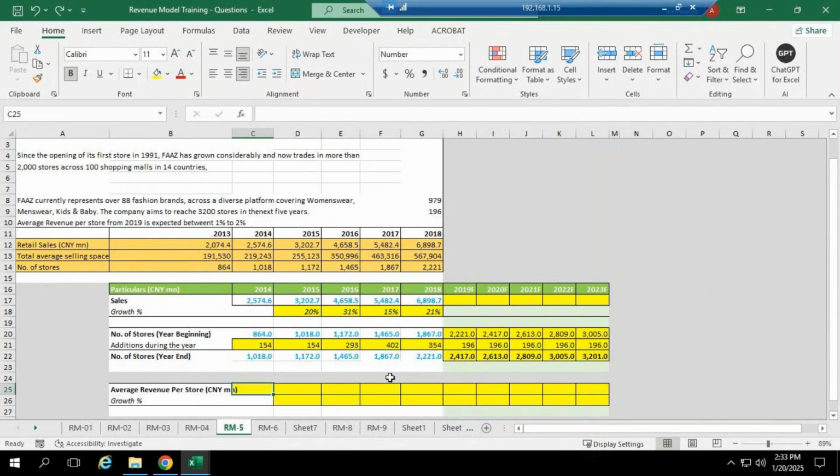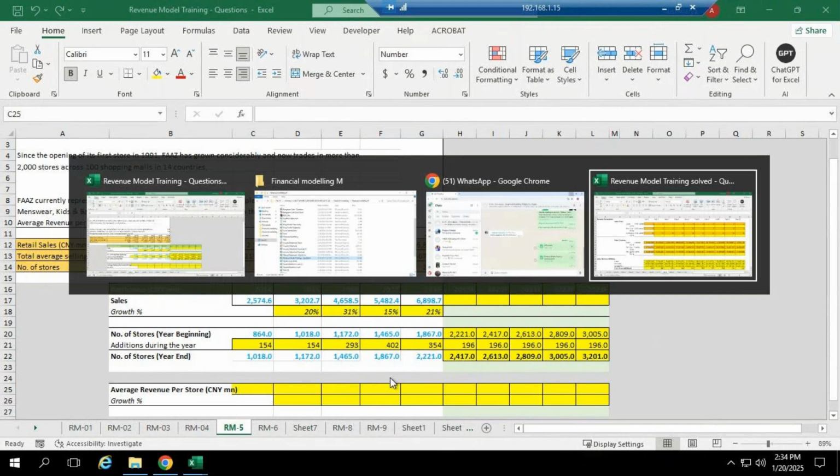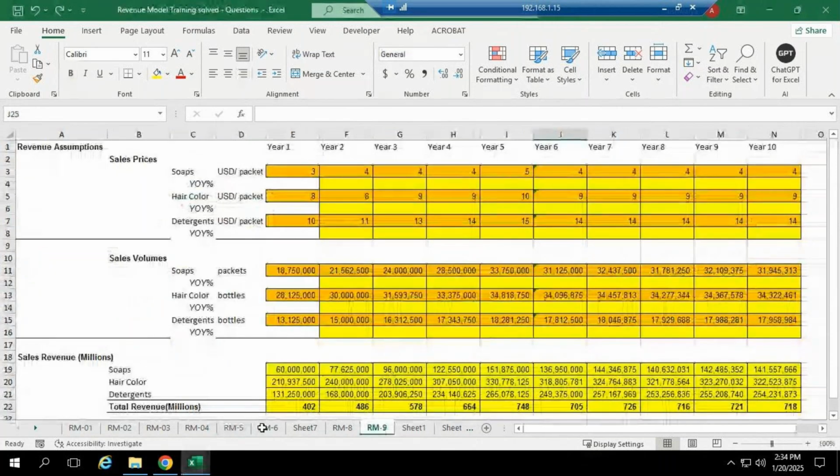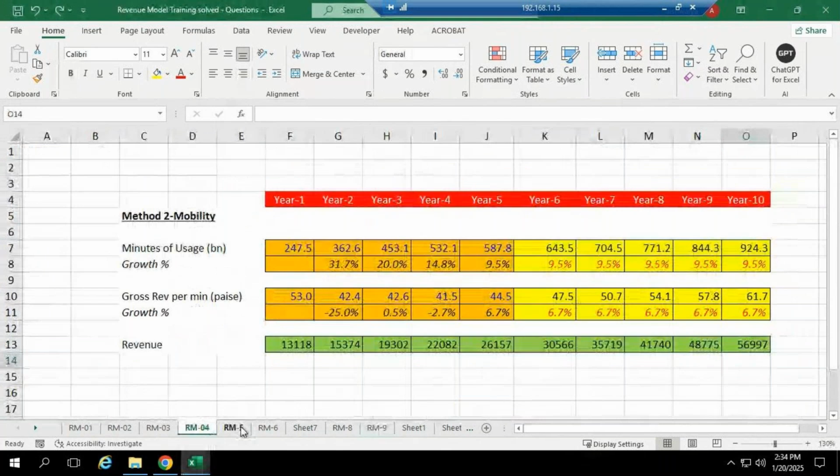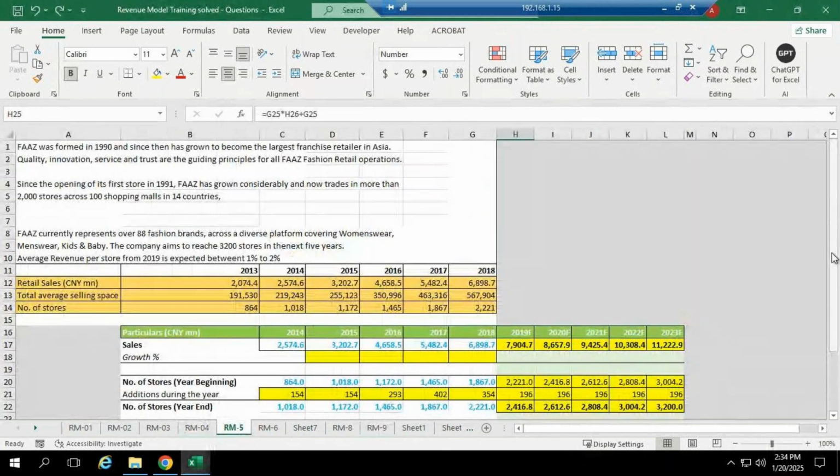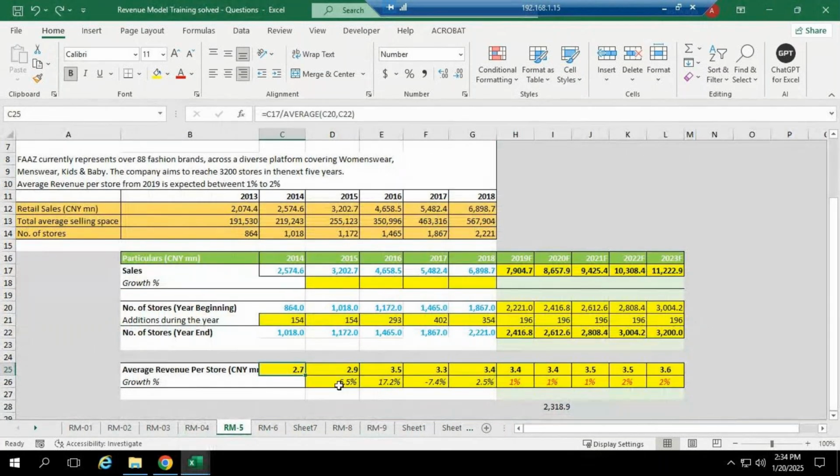So that means the addition you have to do. So that means the average of these values. Okay, so how to do this?